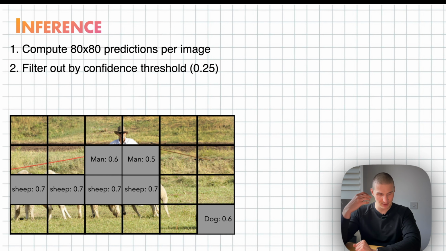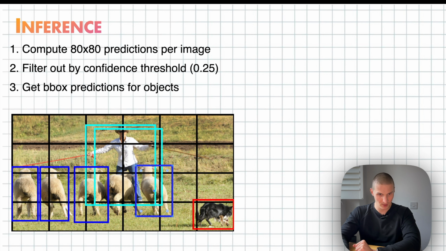And then we get the actual bounding box prediction for every object that still remains. As you can see here, we only recognized one sheep because these two sheep happen to be in the same cell. The model has no way of saying that there are two objects in the cell. It always says that there is one object.